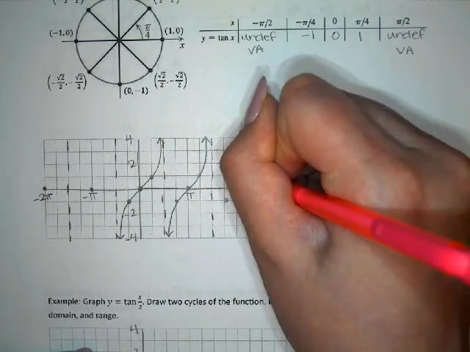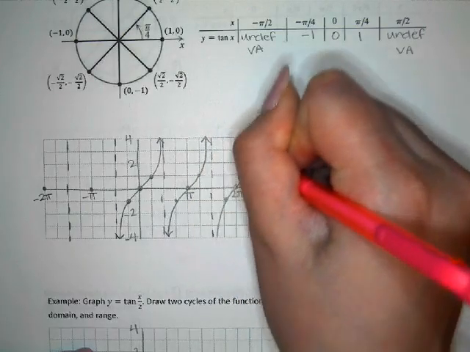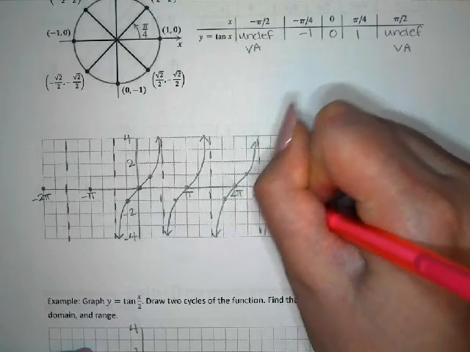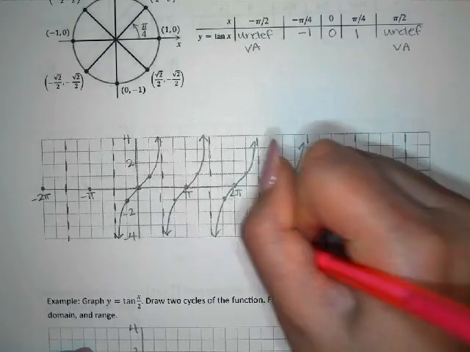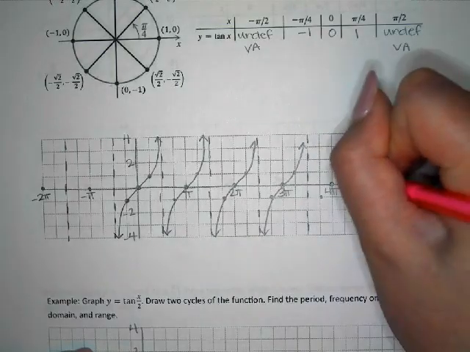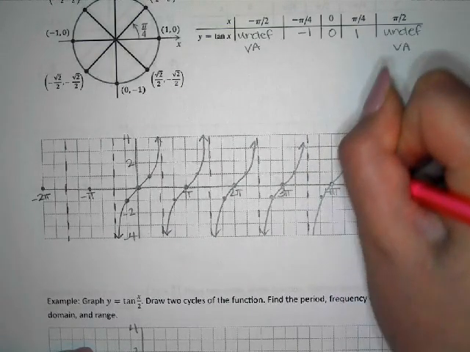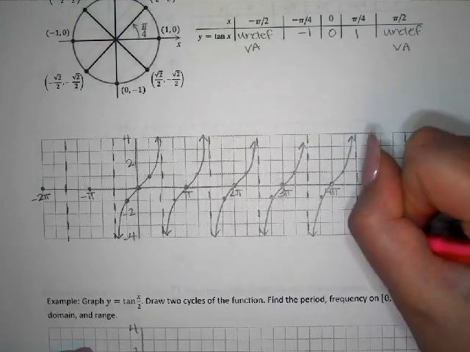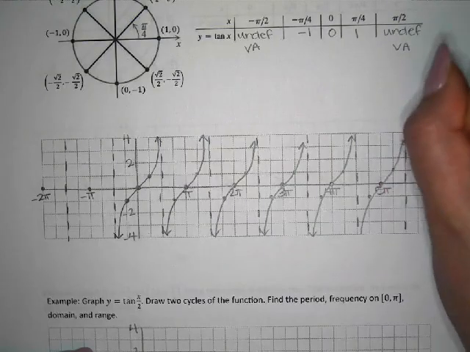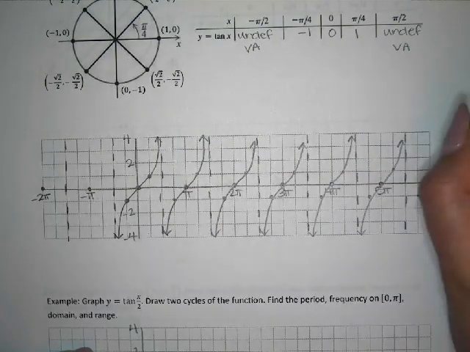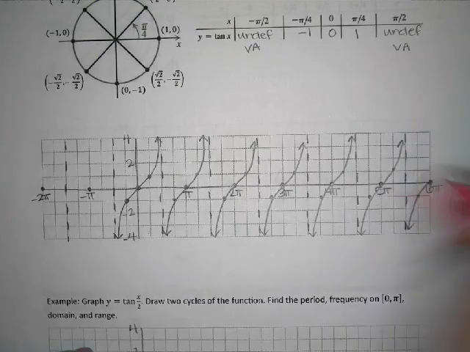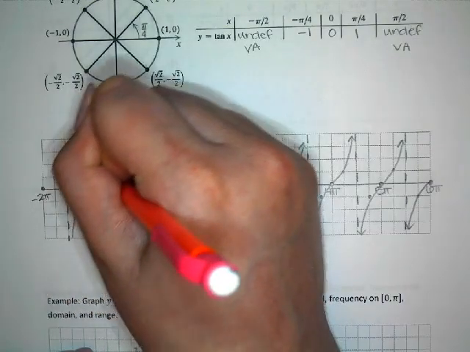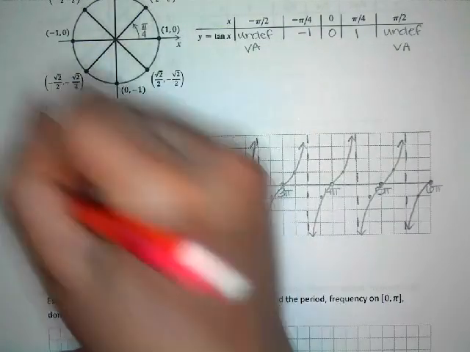So now that I have the x-intercepts in there, I can just go ahead and add the other points, the negative ones and the positive ones. Okay, so this is what a tangent graph looks like.